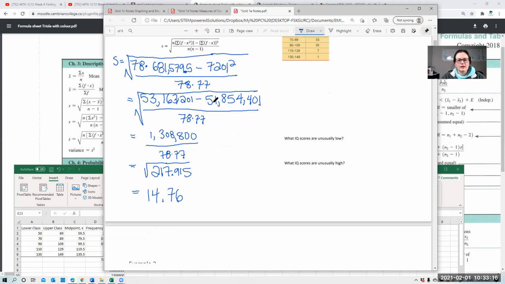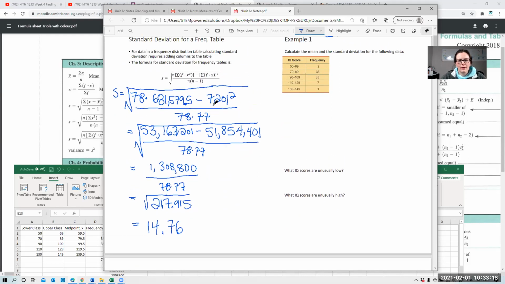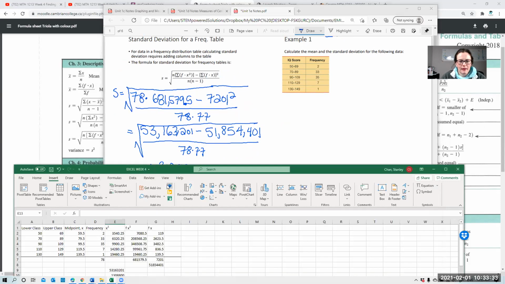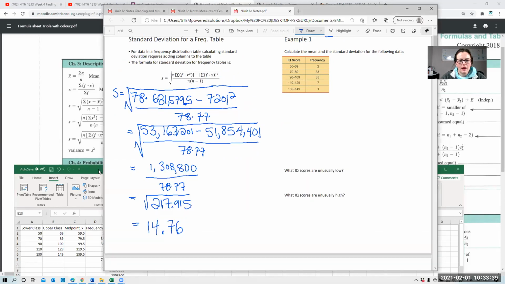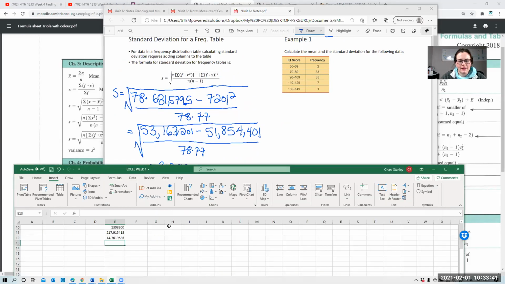Now, are there any questions with regards to how we obtained the standard deviation from the frequency table? We got 14.76. We did it step-by-step using Excel, and we also did a bit of hand calculation, and we followed up with Excel as well, and we got 14.76 both ways.